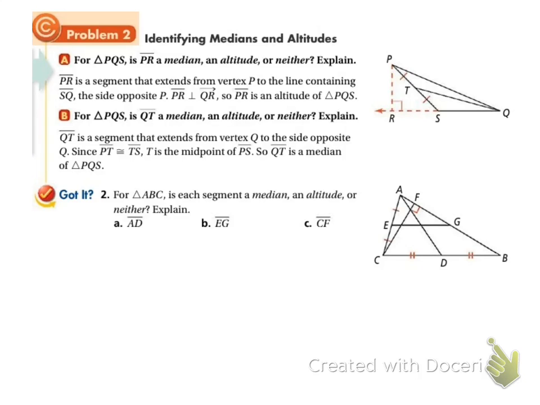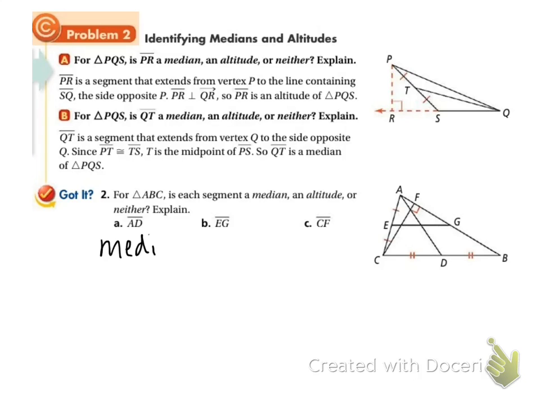Okay, identifying medians and altitudes. Let's just look down at our problem. Identify either as a median, an altitude, or neither. So AD right there goes from a vertex to a midpoint, right? It's marked as being congruent. So that's a midpoint. So that then is a median.